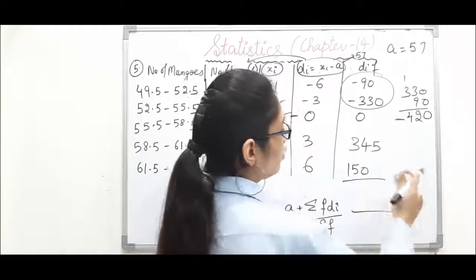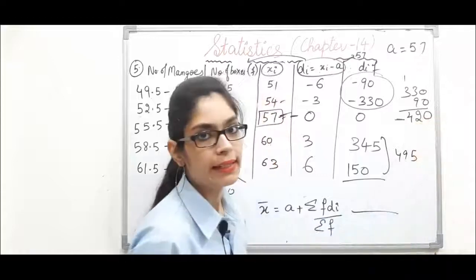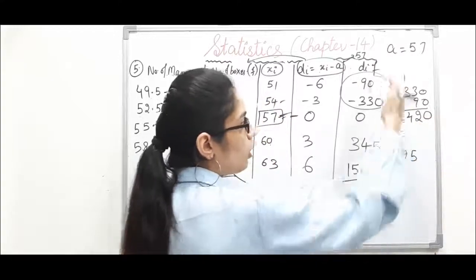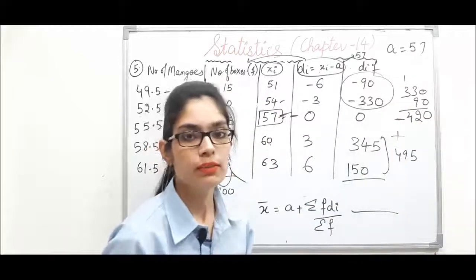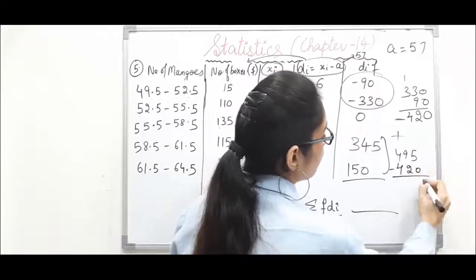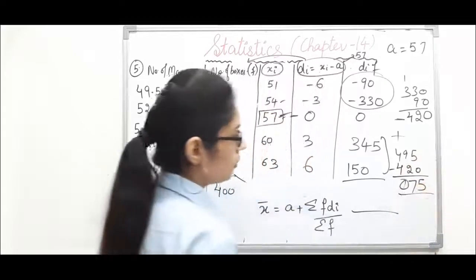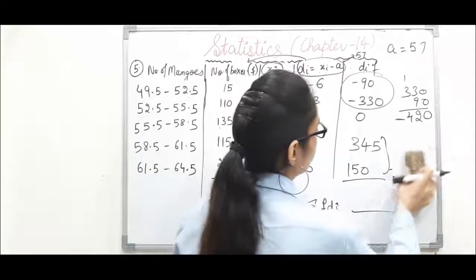Now this is 495, this is 420. Again we have to add, because all the terms we have to add. Plus minus is minus, so 495 minus 420, 5, 9 minus 2 is 7, 4 minus 4 is 0. So we got 75.